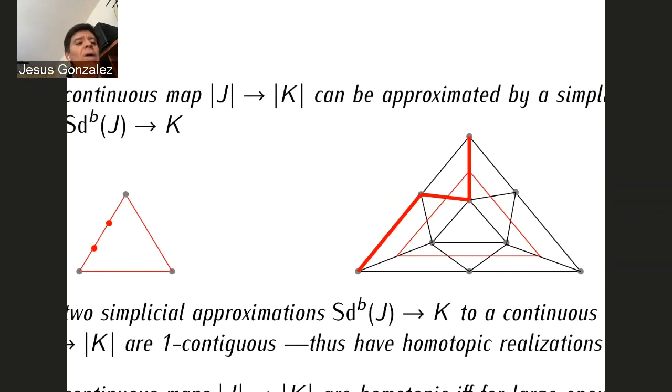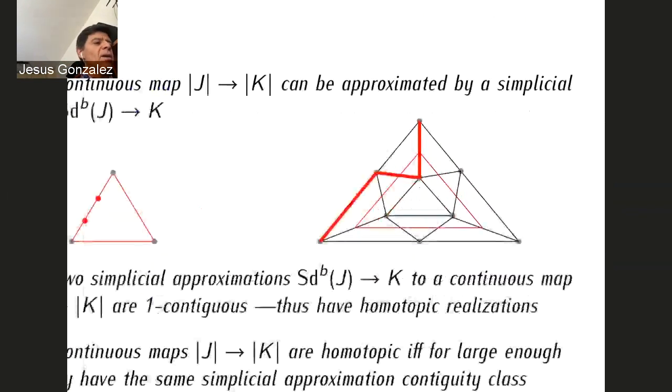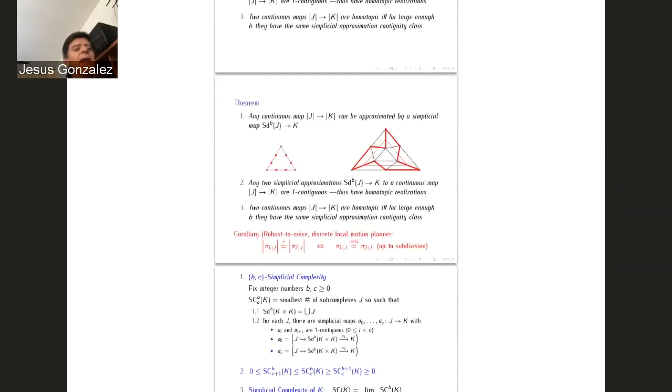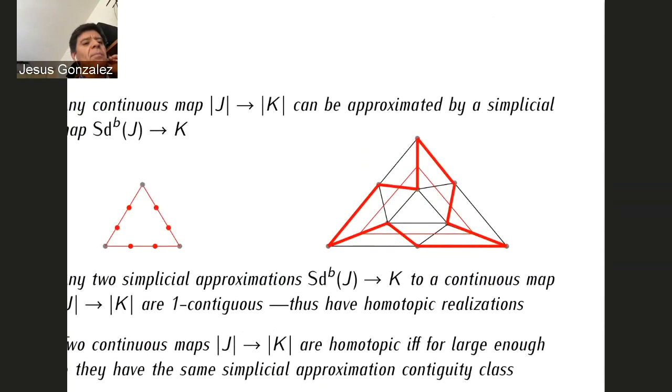And then you can move one to the other just by a linear movement because you are inside a triangle. So in this sense you're approximating this part of the map simplicially, and then you can generalize this. Here I'm exhibiting a simplicial approximation for the original map.